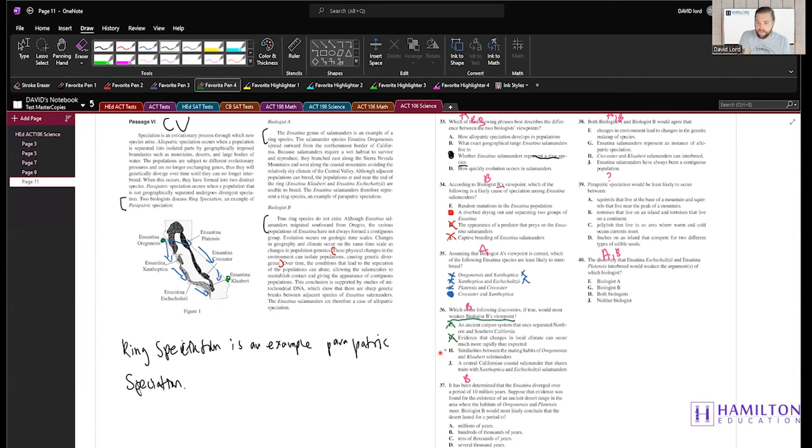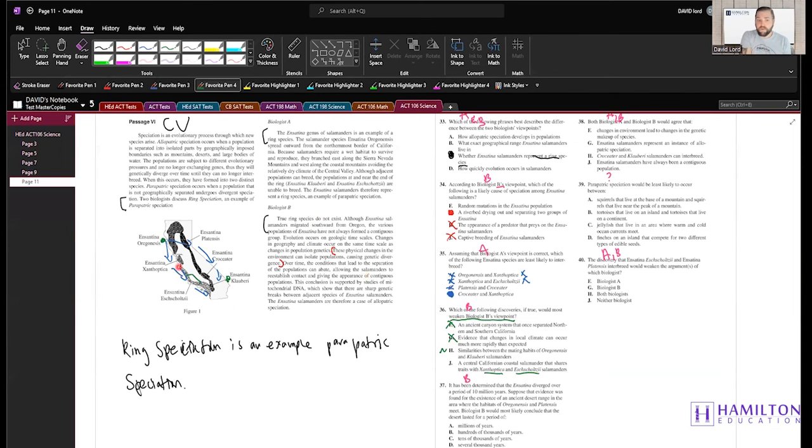So that seems okay. A central California coastal salamander that shares the same traits with Ensatina xanthoptica and eschscholtzii. All right, so with that one, eschscholtzii and xanthoptica, they're right next to each other. But biologist B said ring species do not exist.